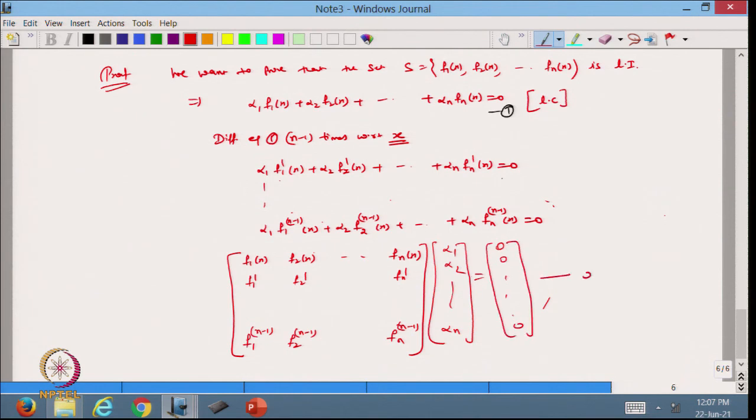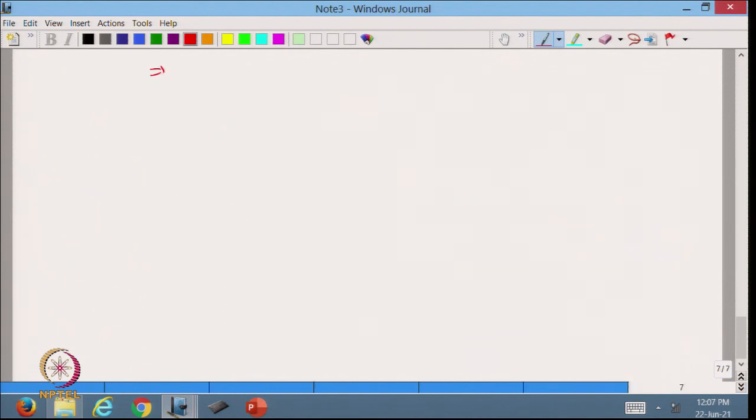I call this system 2. Now from here you can see that this is the Wronskian matrix. So, I can write W alpha equal to 0. This is the system I call equation 3, where alpha is basically alpha 1, alpha 2, ..., alpha n.